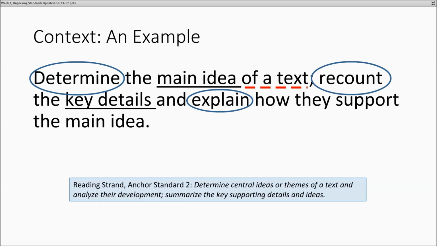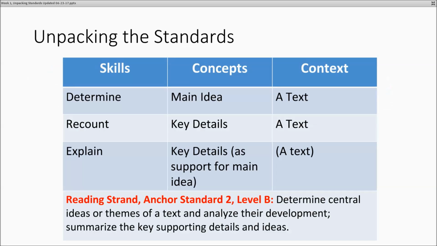And I'm going to dash underline those words with red color. So they're determining the main idea not from a speech, but from a text. And some people might say that you also have the context of supporting the main idea when you're finding the key details and explaining them, why, in what context, to support the main idea. That's context.